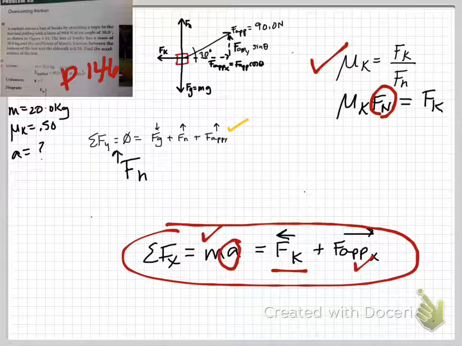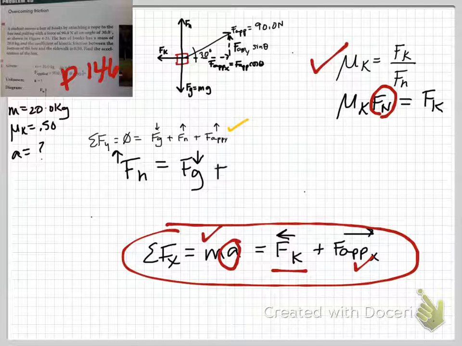Fn, which is a force upward, is equal to Fg, which is a force downward, plus the force applied on the y-axis, which is also a force upward. What I have to be careful about, of course, is that the normal force and the applied force on the y are in opposition to one another. So remember what I said last week about sign being a proxy for direction, and it's great. But in the real world, forces don't have a sign, they have magnitudes. And we know if they're in opposition, then you're looking at their difference, not their sum.